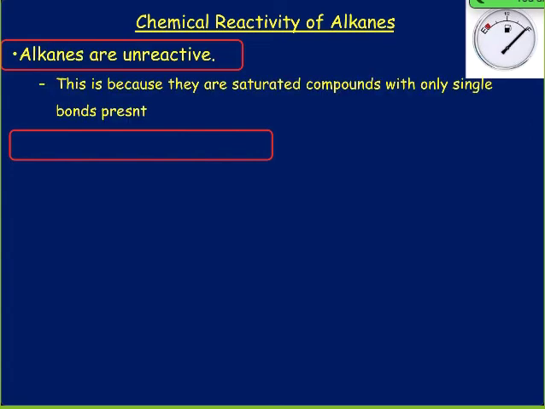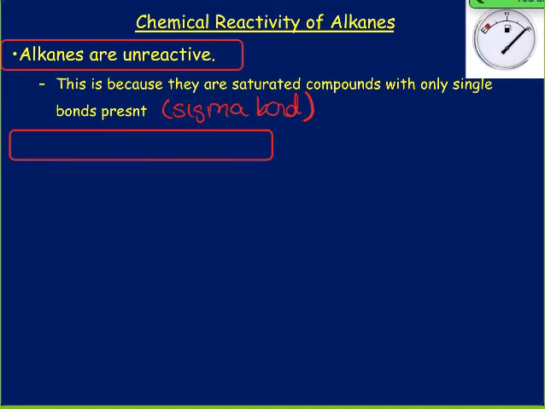So we're looking at the top of page 168. We're going to talk a little bit about the reactivity and go back to doing some equations again. The alkanes themselves are unreactive, and that's because they are saturated compounds. They've only single bonds present, and if you want to put in just the sigma to remind yourself, you can.